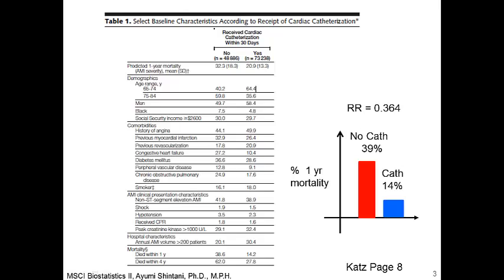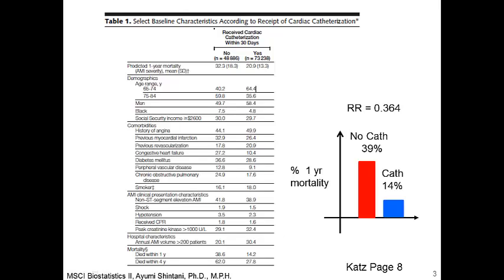So let's say the percent of patients whose age is less than 75 years old is 64% in the catheter group, whereas 40% in the non-catheter group. And there are 58% men in the catheter group and 50% men in the non-catheter group. And 4.8% are black in the catheter group, 7.5% black in the non-catheter group.